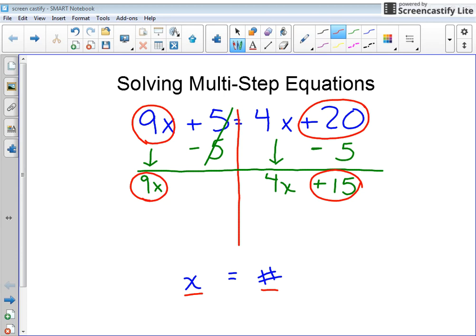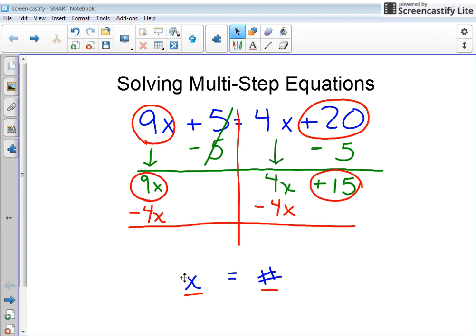Well, 4x is positive. So in order to eliminate that, I would again subtract 4x. And when I subtract 4x from the right-hand side of the equation, I must also balance it out by subtracting 4x on the opposite side.